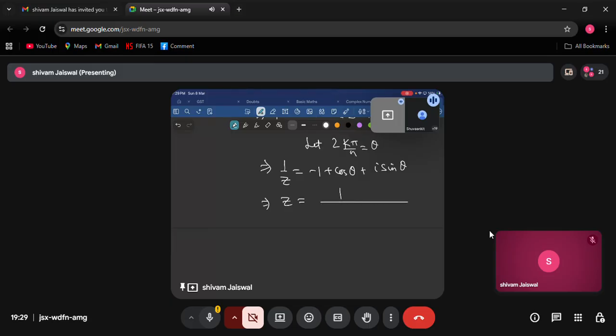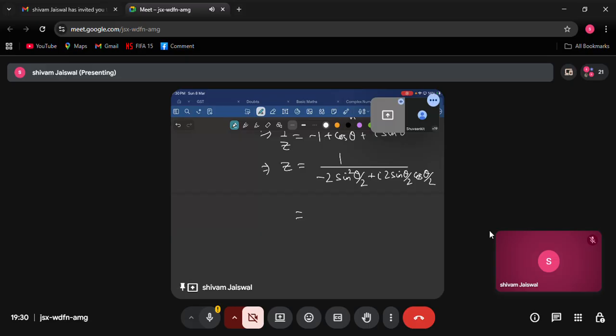Cos theta minus 1 is equal to minus 2 sin square theta by 2, and sin theta is 2 sin theta by 2 cos theta by 2. Further, if I take iota into 2 sin theta by 2 common, within brackets we get cos theta by 2 plus iota sin theta by 2. Until this much, anyone having any doubt?